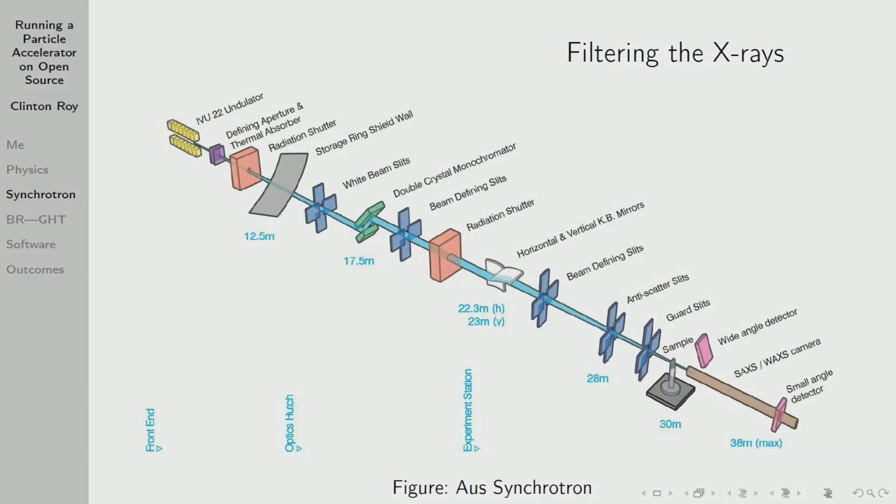Because in the end, what we really want is a laser-like X-ray light to hit our sample. So we want all of the waves or the particles, depending on how you think about it, to be of the same energy, and we want them to all be parallel or nearly parallel. That makes the maths that we do on seeing the effects that X-ray has on our sample much, much easier.